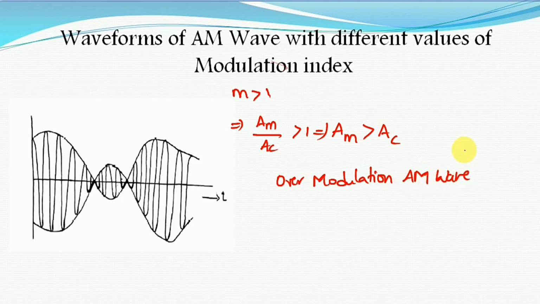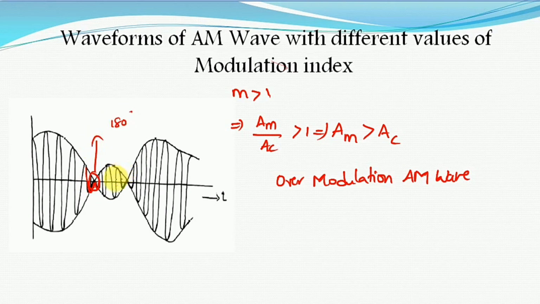What happens when the modulation index is greater than 1? If we observe this waveform, it leads to phase reversal. Here, if you observe, the signal ends with a negative cycle, whereas at this point the signal again starts with a negative cycle, meaning there exists a phase shift of 180 degrees.